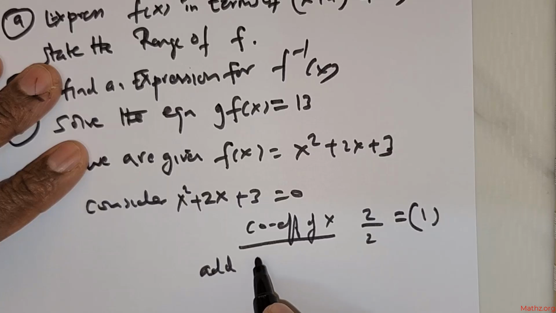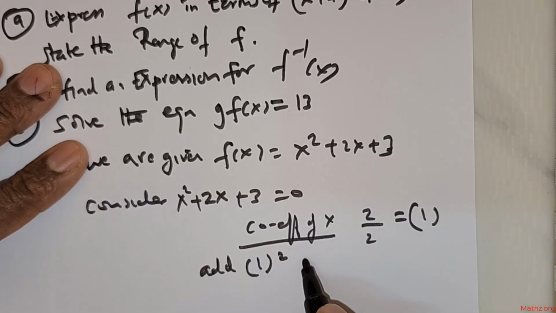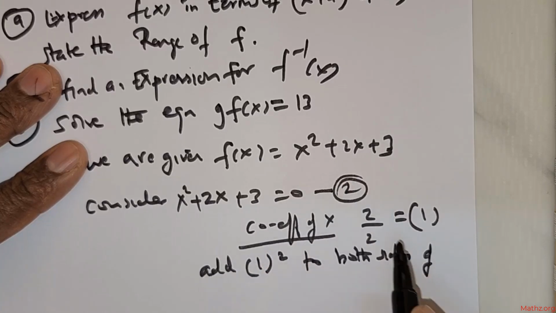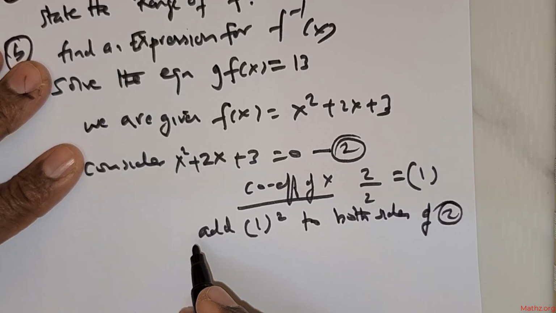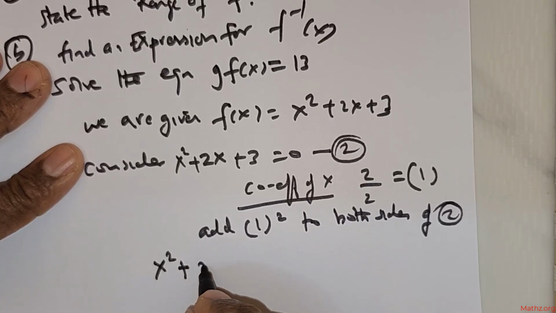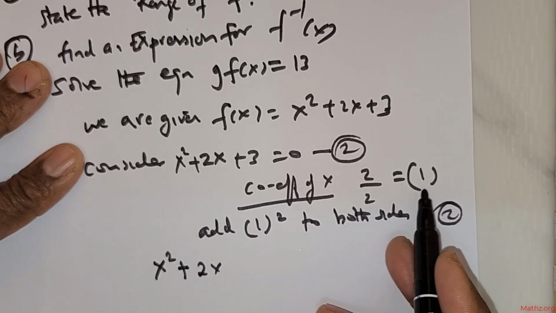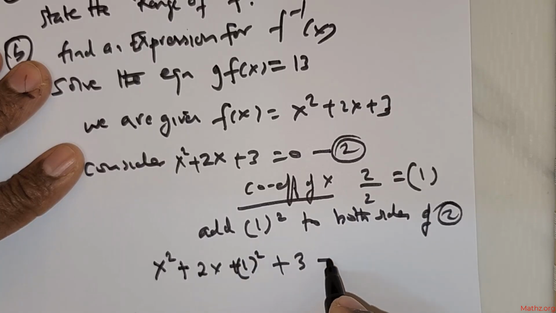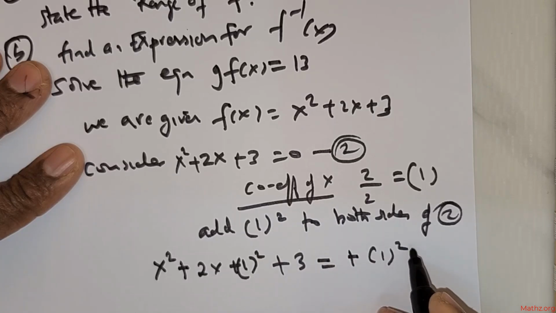Now add 1 squared to both sides. To both sides of, say I'm taking this as say sum 2. So what do you get? You get x squared plus 2x. Now this 1 squared you had it like this. Okay, you have a positive 3 there, and then on the right hand side you add this 1 squared.